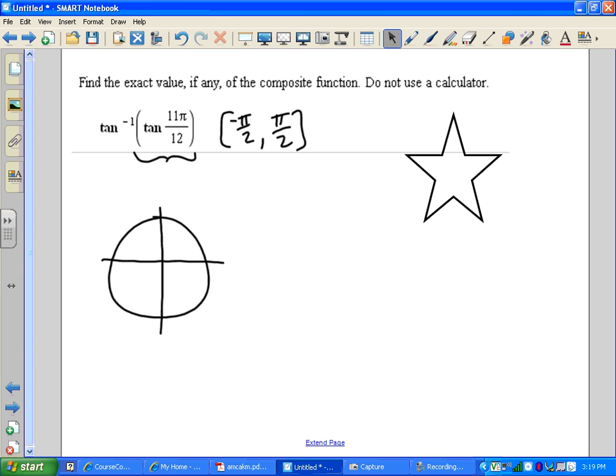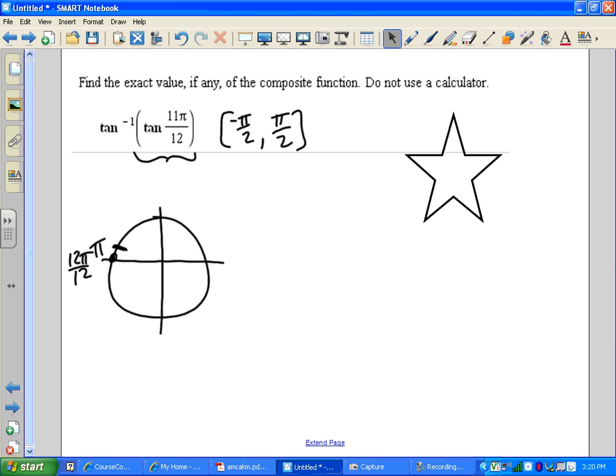We know that at that location is pi, which would be 12 pi over 12. So 11 pi over 12 would be pretty close to that, and we're looking at the second quadrant.